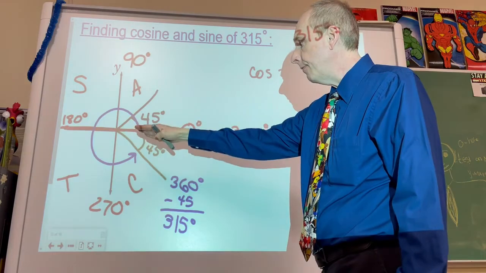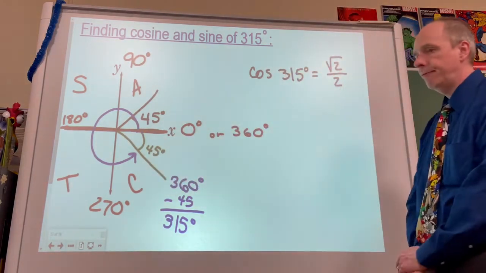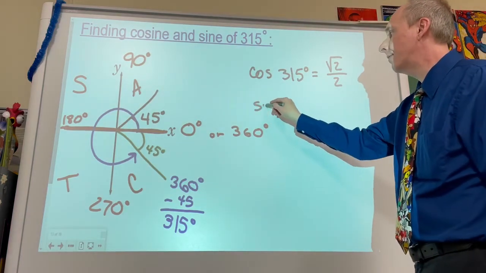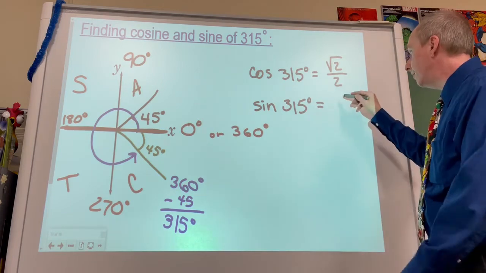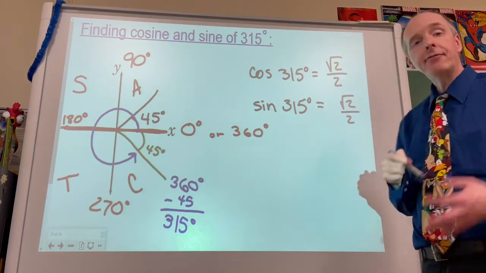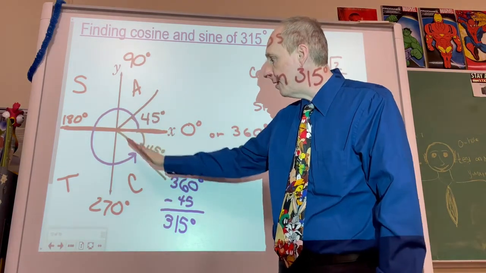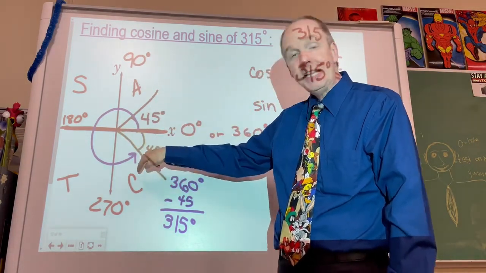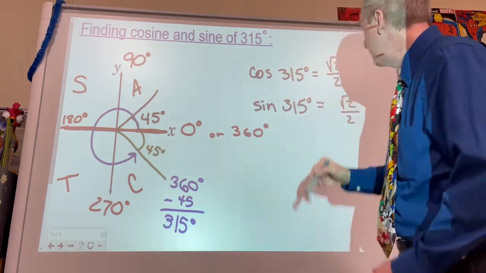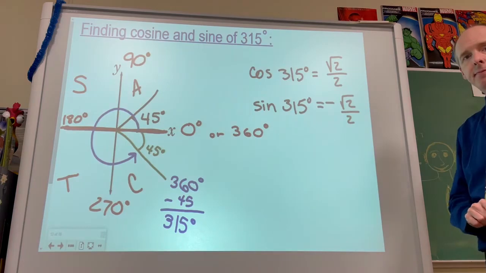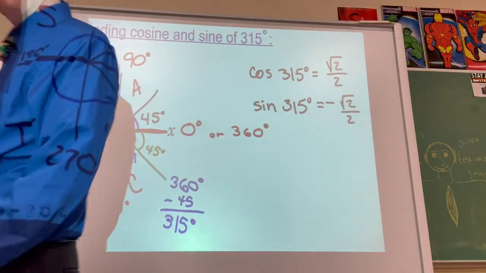Let's see. 315 degrees down here. Cosine is positive. How about sine of 315 degrees? Well, I know it's still radical 2 over 2. I just have to worry about, is it positive or negative? So 315 degrees is down here. ACT, C is positive. That means sine is negative. If I ended up dividing them, try to think of what tangent would be.